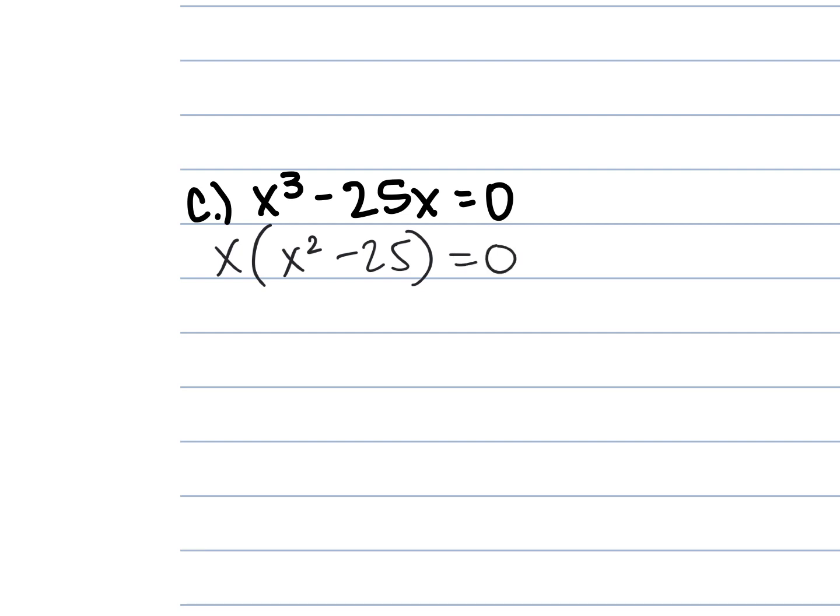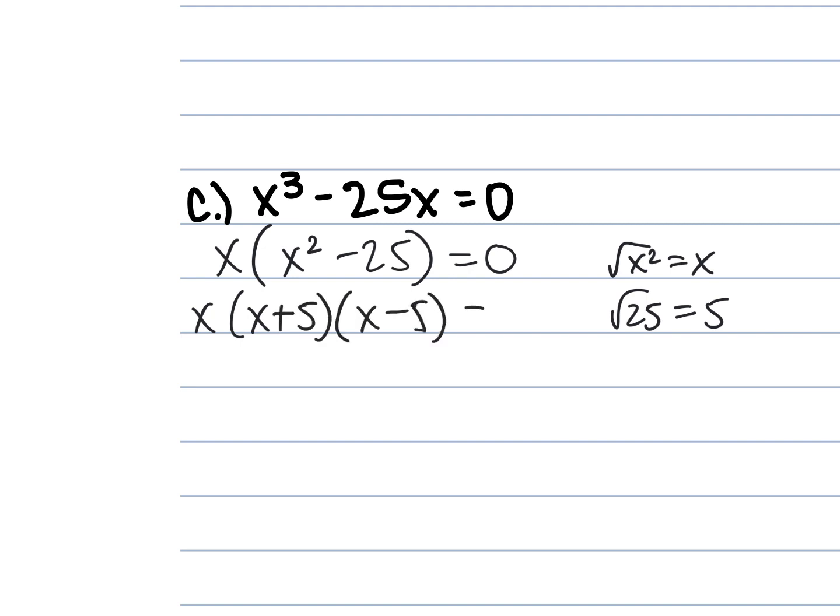And since it's a minus, you need to square root the x squared and the 25. So x squared is x, and 25 is 5. And then it's sum and difference, so x parentheses x plus 5 parentheses and then x minus 5.